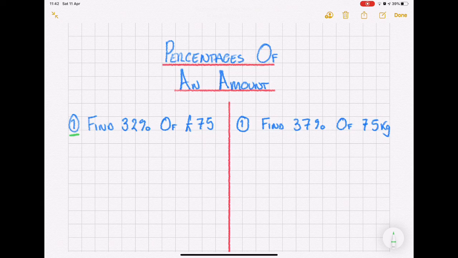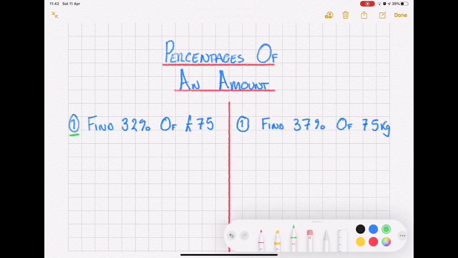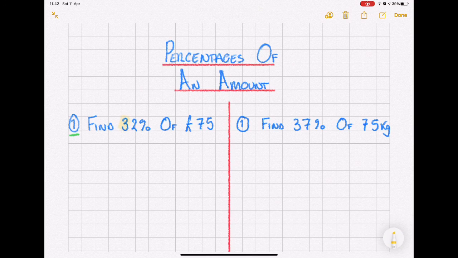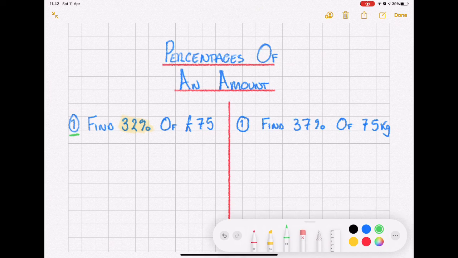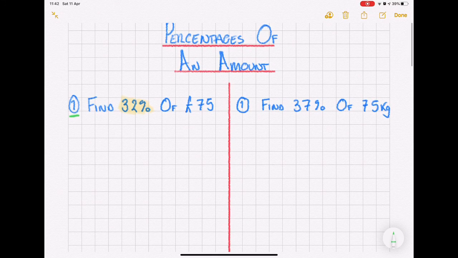Find 32% of £75. So the first thing I'm going to do is take my 32% and turn that into what I call a multiplier. So I have my percentage and I divide that by 100.